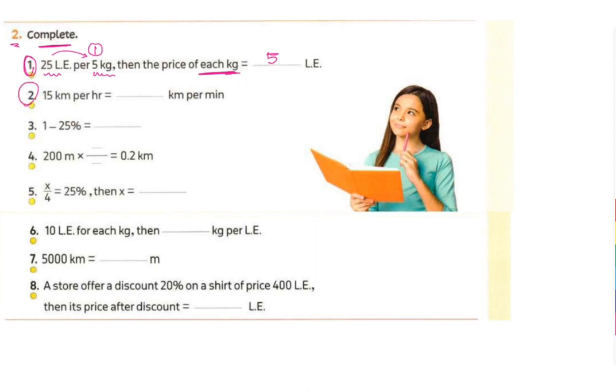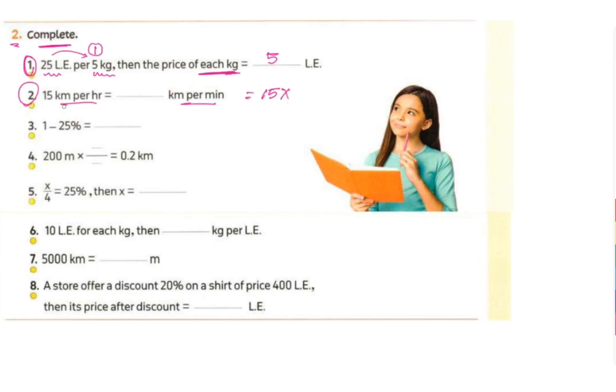Next, point 2: 15 kilometers per hour equals what, kilometers per minute? Now we change units from kilometers per hour to kilometers per minute. I have first 15, times what?